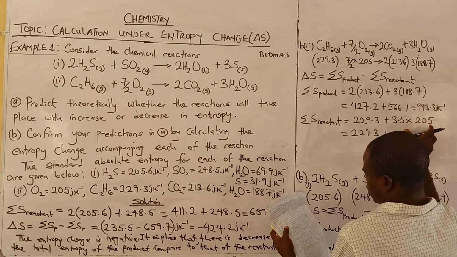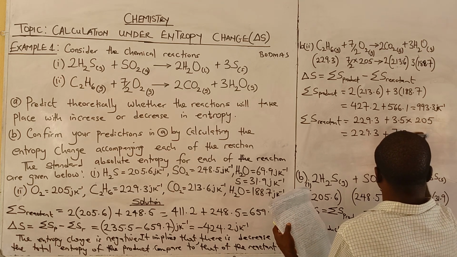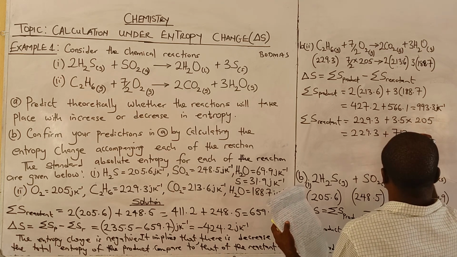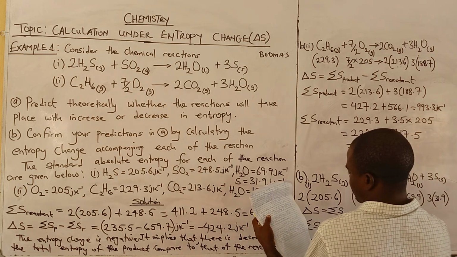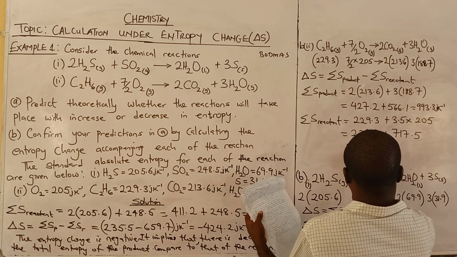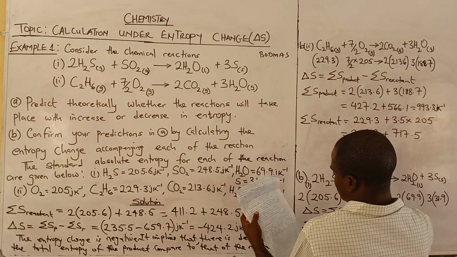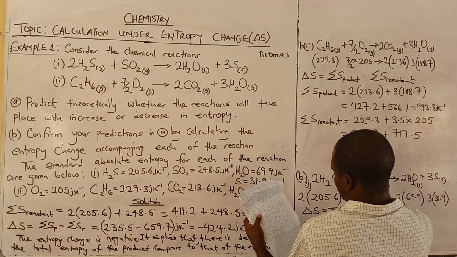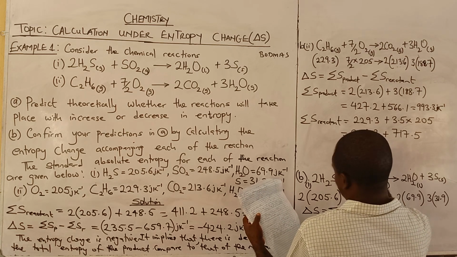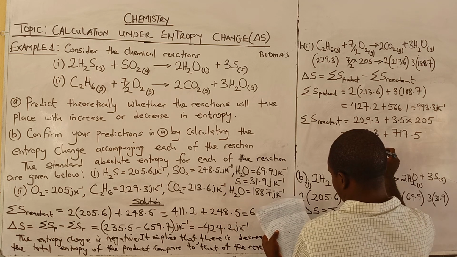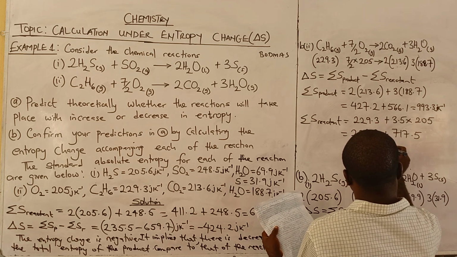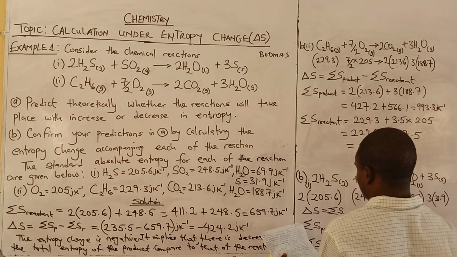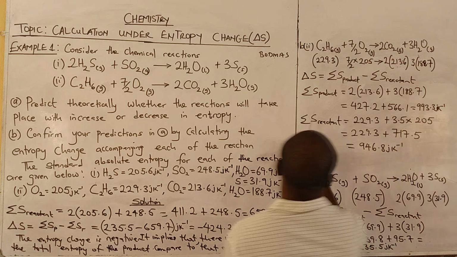When you multiply this, you have 717.5. When you add them together, you have 946.8 joules per Kelvin.